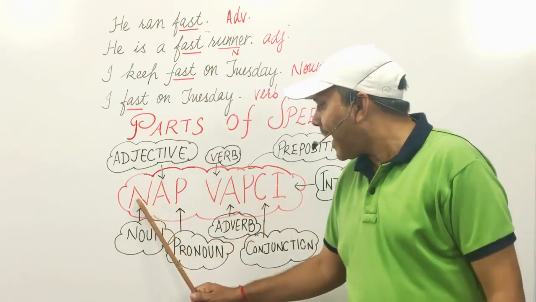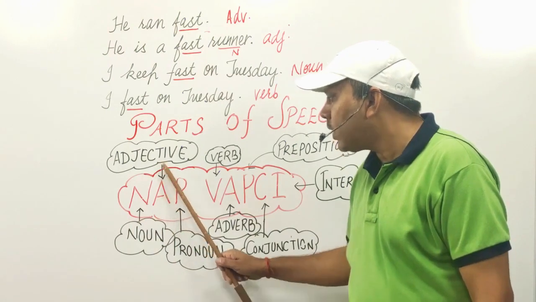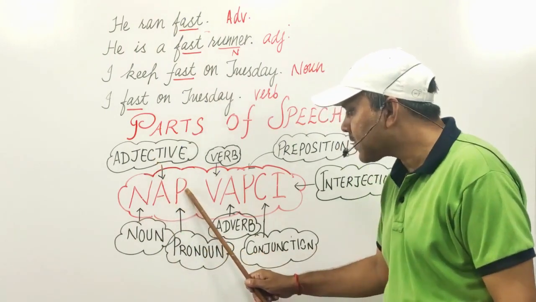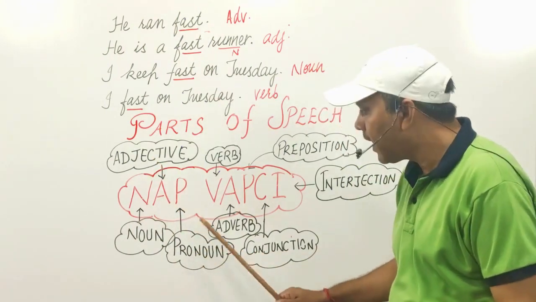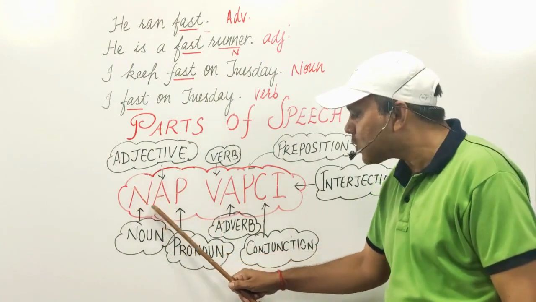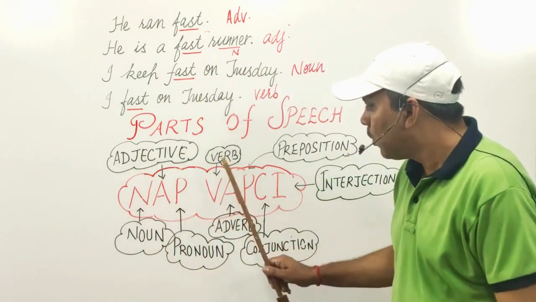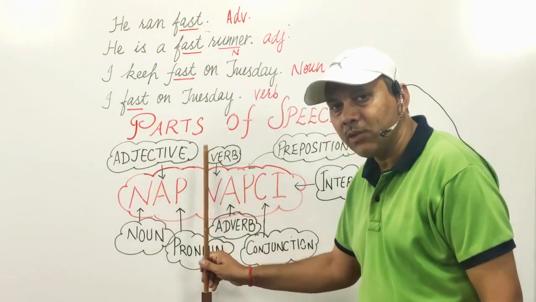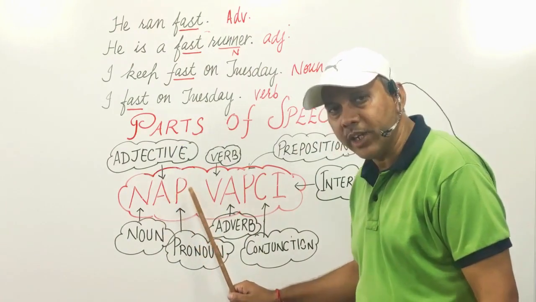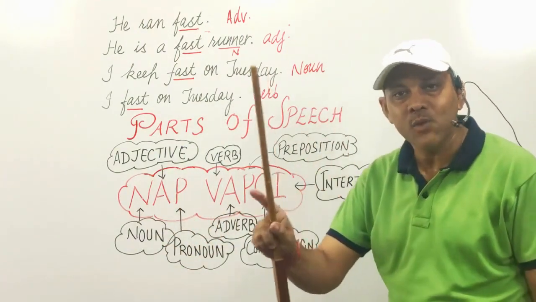For example, N stands for noun, A stands for adjective, P stands for pronoun, and they have an interrelation between them. That's why they are written separately as NAP. What the relation is, I will discuss it in later videos about all the parts of speech one by one.